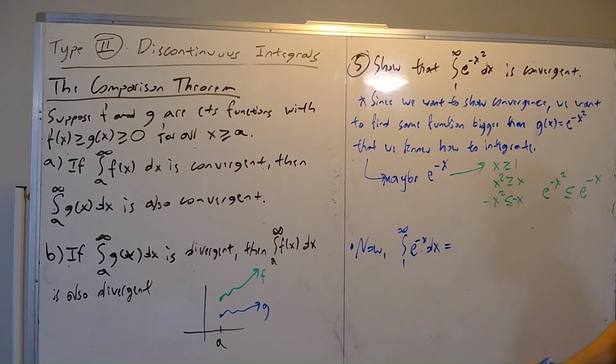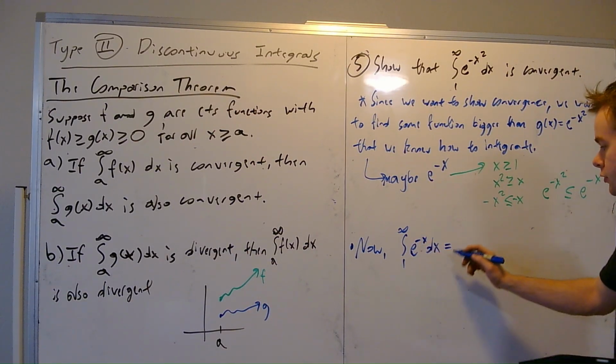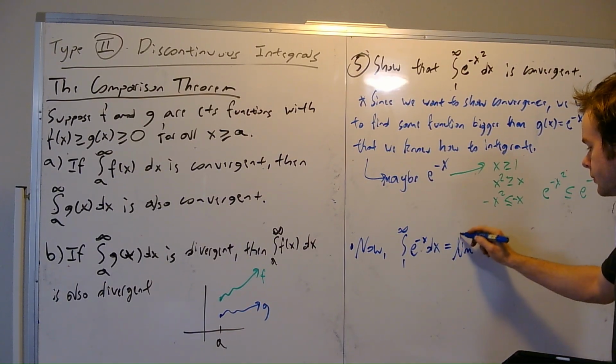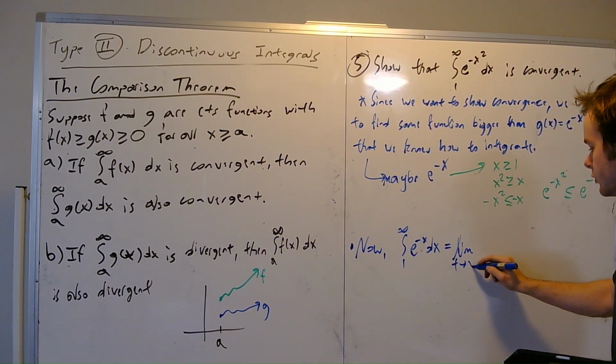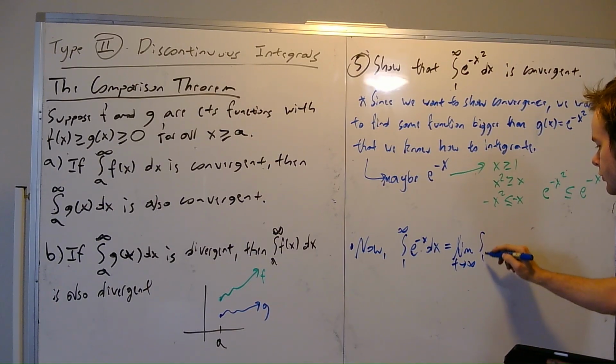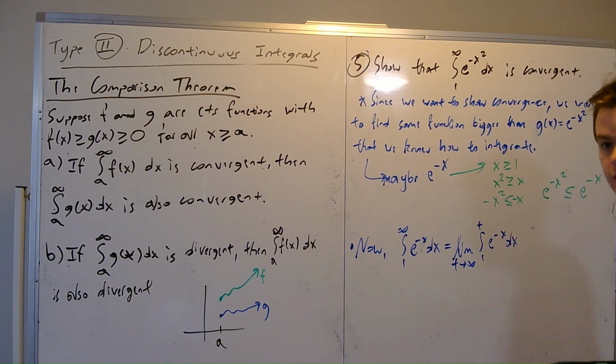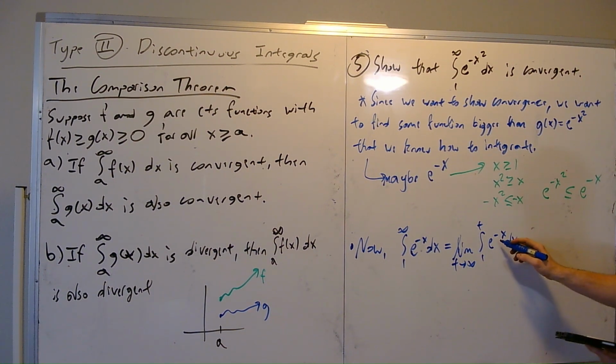Right? And remember, whenever we're trying to find these infinite integrals, we need to replace the infinity with a t. So we need to take the limit as t goes to infinity of the integral from 1 to t of e to the negative x dx. And remember here, you would solve this by letting u equal to negative x.